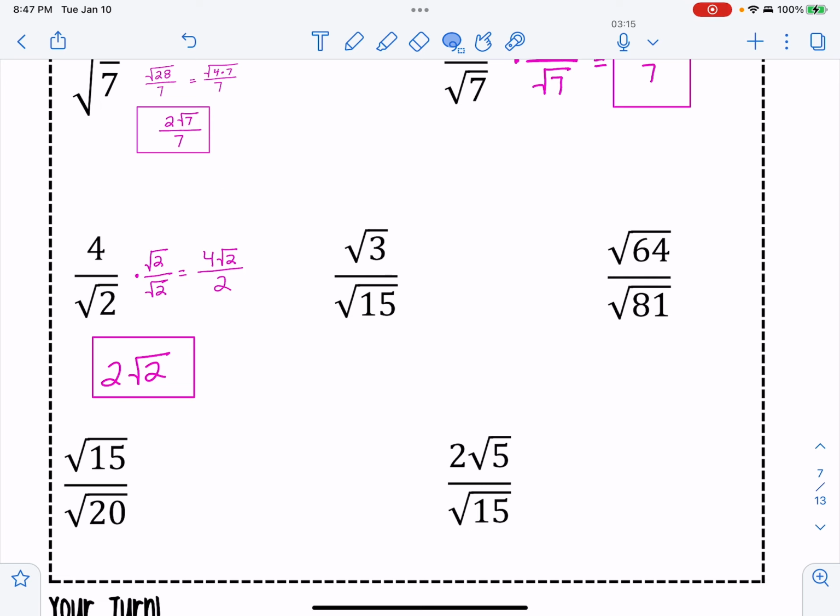All right, next up. I multiply the whole thing by a fraction that is equivalent to 1, so that I do not change the value. The goal here is to rationalize that denominator.